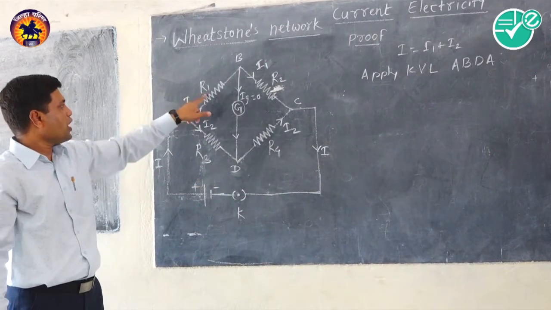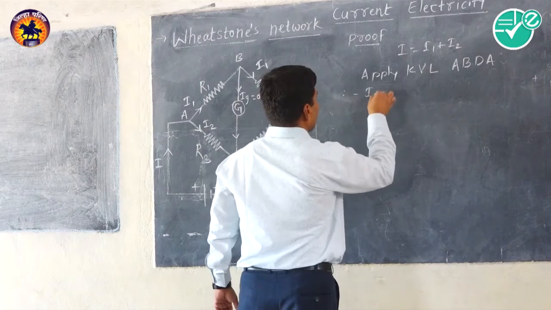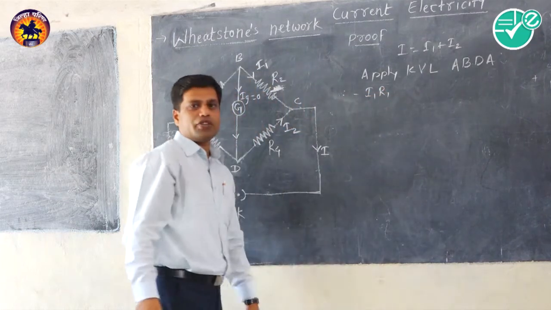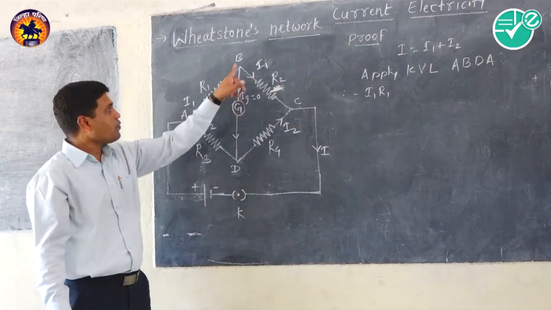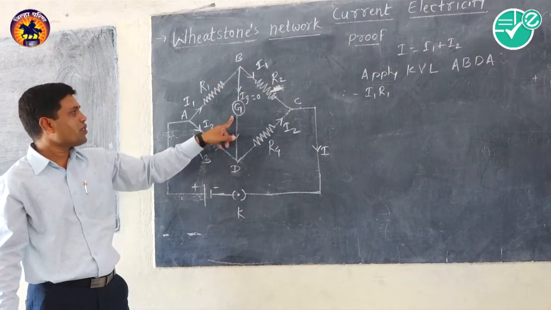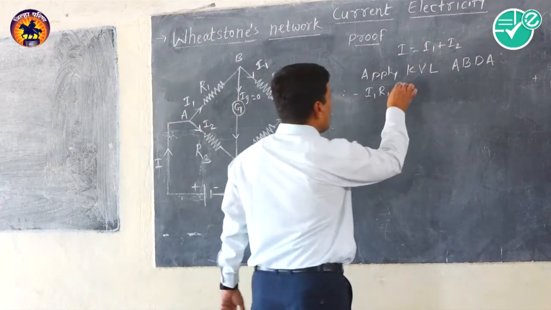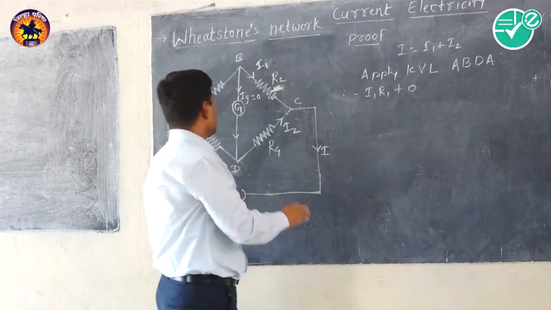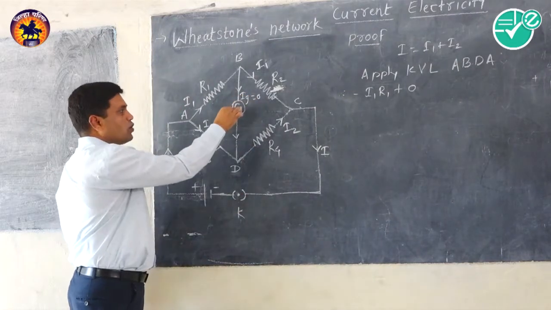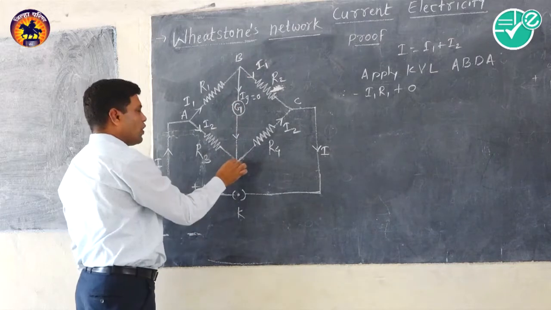So that is why this potential drop I1 R1 will be taken as minus. Why minus? Because current has the same direction as that of the loop. Now as we move from B to D, the galvanometer has some resistance, but Ig is equal to 0. Therefore, this IR drop through the galvanometer will be 0, because Ig has the value 0. So Ig into G becomes 0, while moving from B to D.